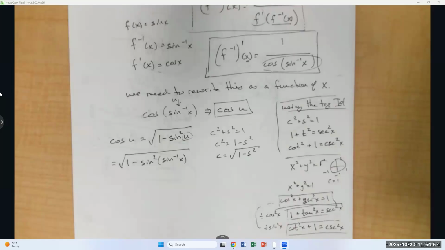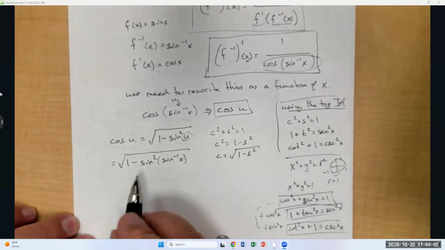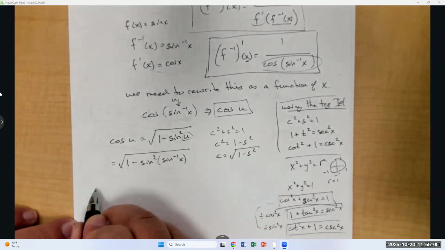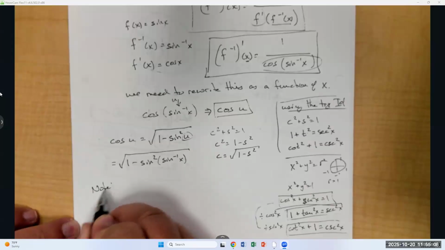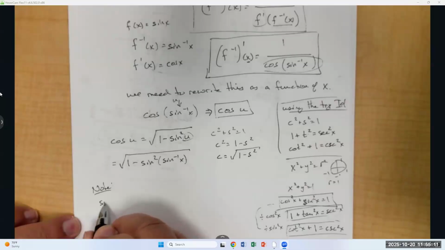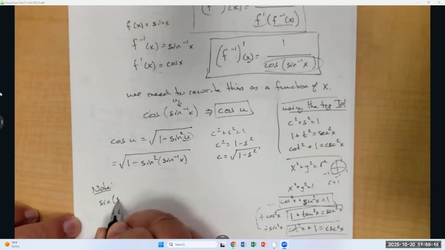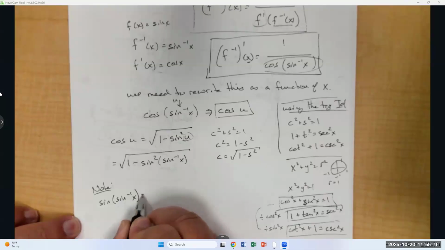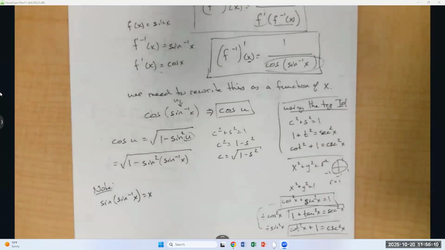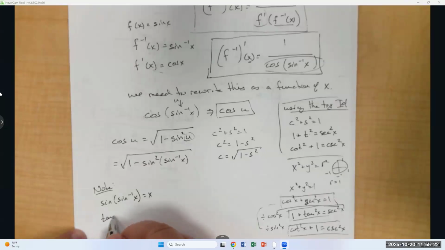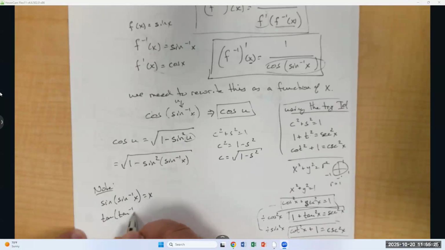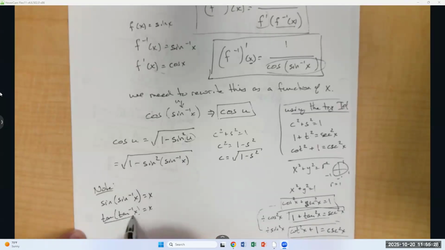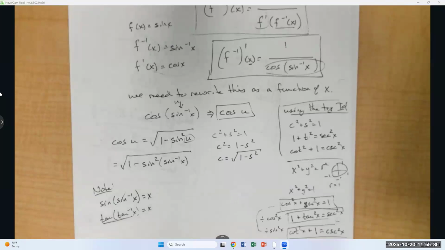Now, the reason we needed to do that is because the sine of the inverse sine of x is equal to x. The tangent of the inverse tangent of x is equal to x. So the trig function of its inverse, they cancel each other out. So we're just left with the argument.